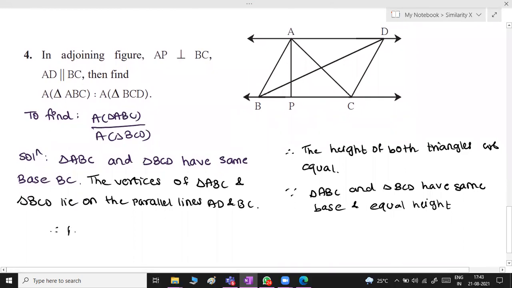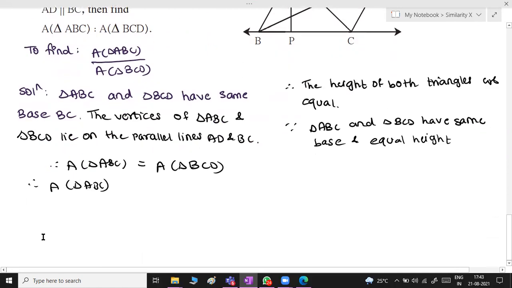It simply means that area of triangle ABC will be equal to area of triangle BCD, and therefore area of triangle ABC upon area of triangle BCD is equal to 1 upon 1, and we were asked in form of is to.